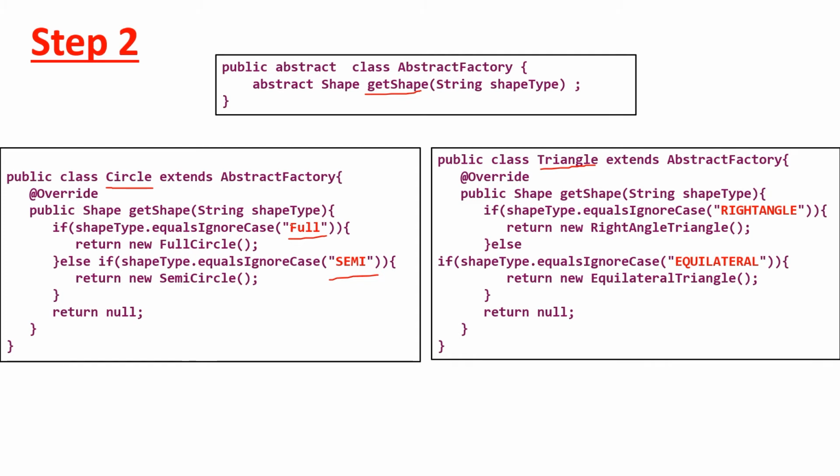So if you pass full in this get shape method, it is going to create a full circle, and if you pass semi, it is going to create a semicircle. Similarly, in this triangle factory also, if you pass the shape type as right angle triangle, it is going to create a right angle triangle here, and if you pass equilateral, it is going to create an equilateral triangle. So this is the thing.